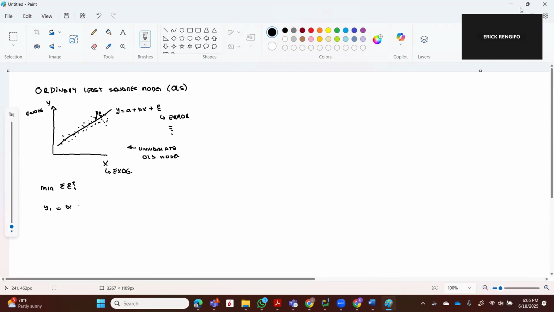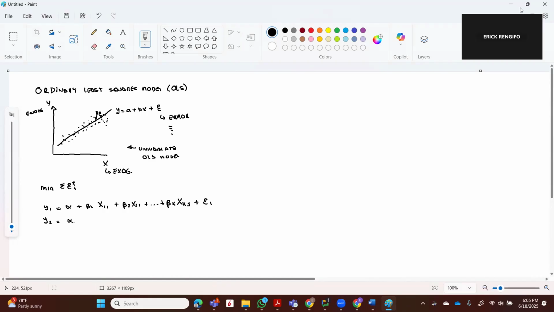I have alpha plus beta 1 x1 at time 1 plus beta 2 x2 at time 1 plus, let's say, beta k xk at time 1 plus my error at time 1. This is my first line of observation.